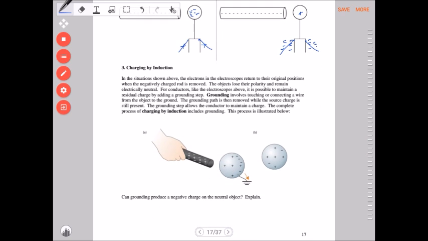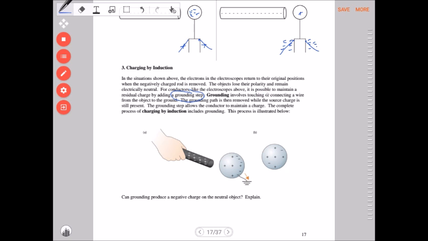In the situation shown above, the electrons in the electroscope return to their original positions when the negatively charged rod is removed. These objects lose their polarity and remain electrically neutral. For conductors, like the electroscopes above, it is possible to maintain a residual charge by adding what's called a grounding step.